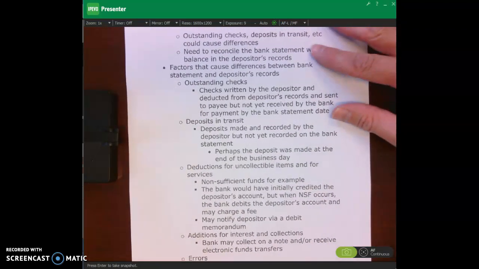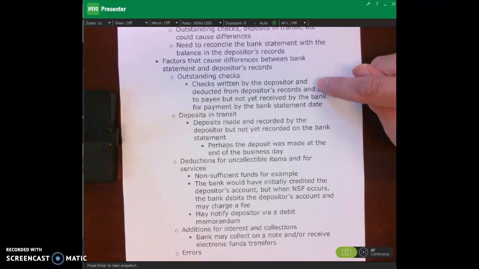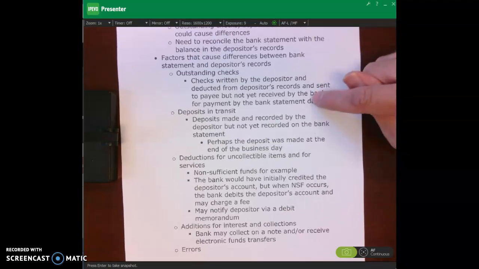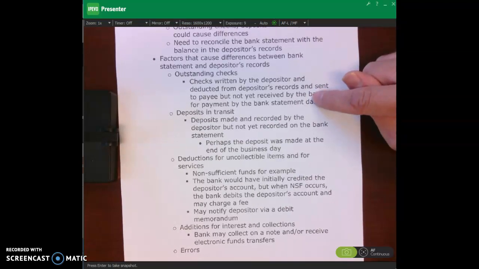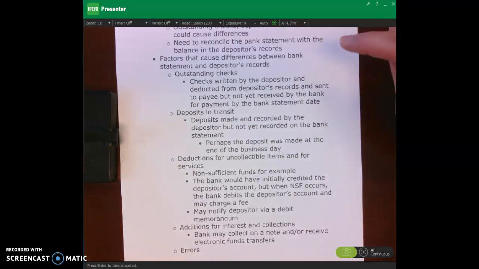We can have some outstanding checks, which would be checks written by the depositor and deducted from the depositor's records and sent to the payee, but not yet received by the bank for payment by the bank statement date. So that's the timing difference. Outstanding checks. Deposits in transit.